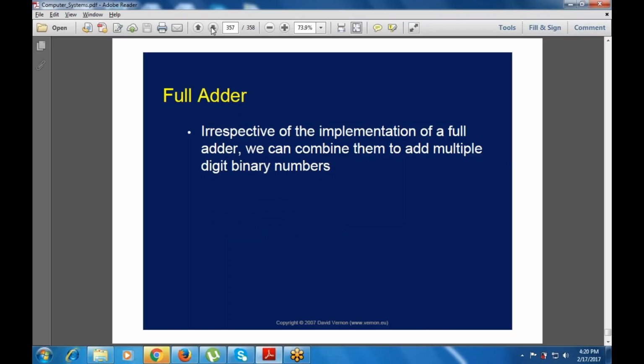Now, irrespective of the implementation of the full adder, we can combine them to add multiple digit binary numbers, because binary numbers are whatever digital numbers are encoded in digital form.